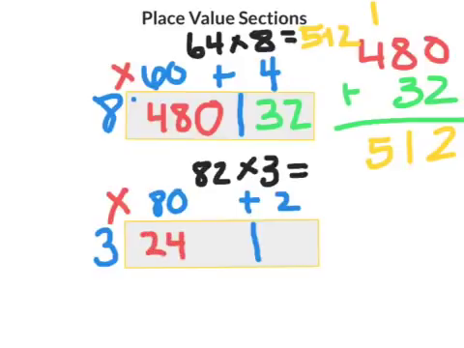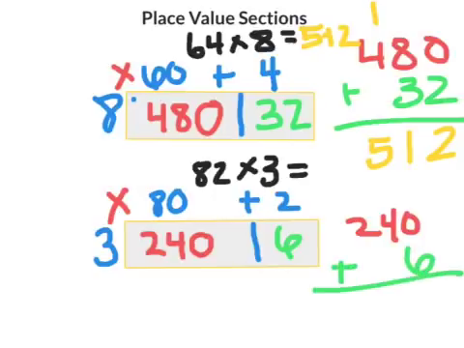I have a 0, so I need to add that 0 back in. So 80 times 3 equals 240. Now I am left with 3 times 2. 3 times 2 is 6. Now I need to add 240 plus 6, which is equal to 246. So now it's your turn to practice.